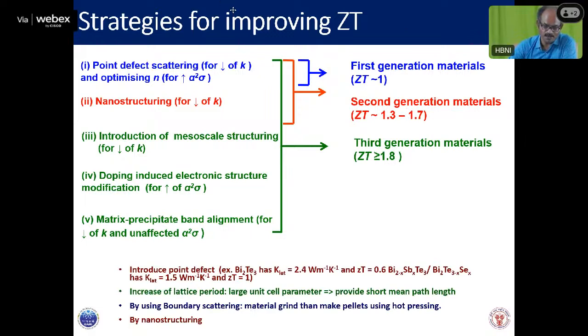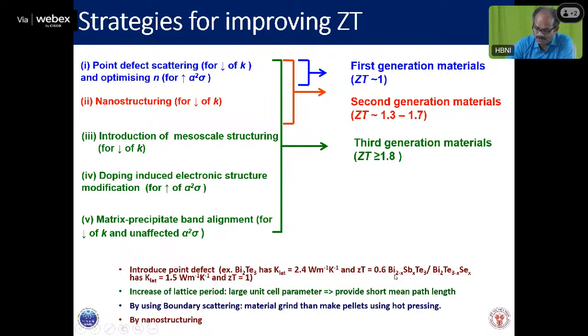So by introducing point defects in bismuth telluride, the lattice thermal conductivity was 2.4 watt per meter per K, and ZT was about 0.6.